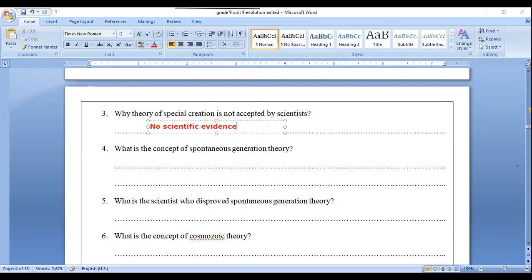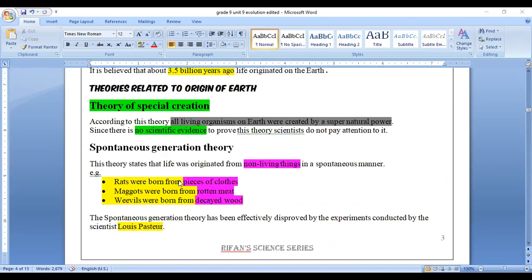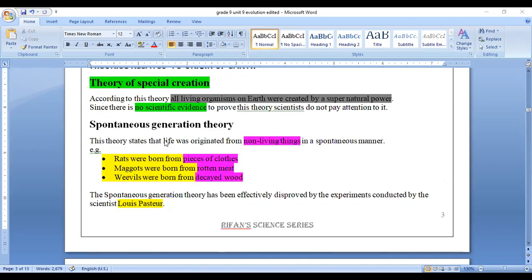Answer. Okay. Question number 3 is now answered. Question number 4: what is spontaneous generation theory? This gray color part.